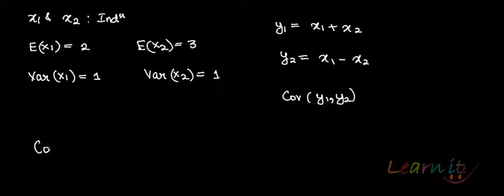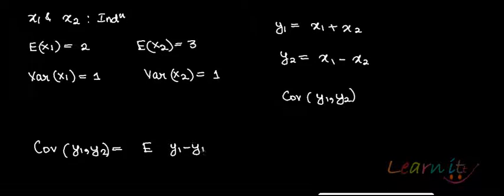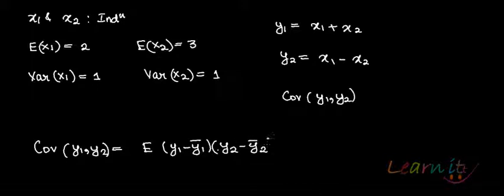What is the formula for covariance? Covariance of y1, y2 is E of (y1 minus y1 bar) into (y2 minus y2 bar). This is the formula.